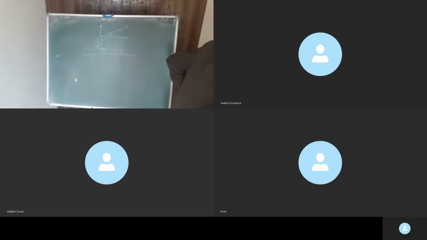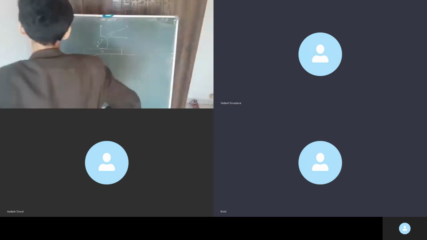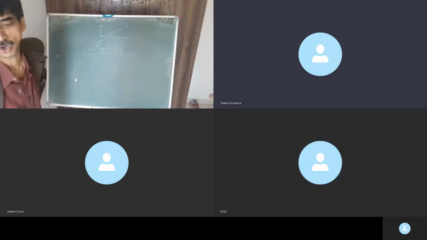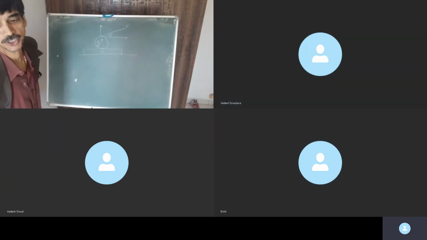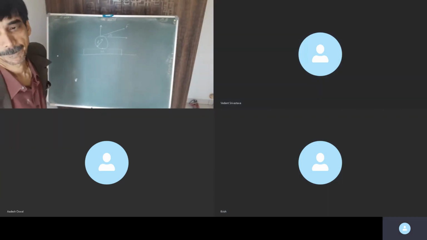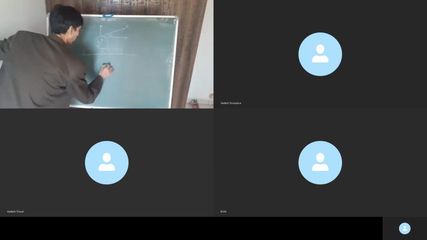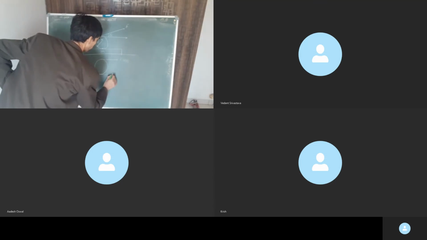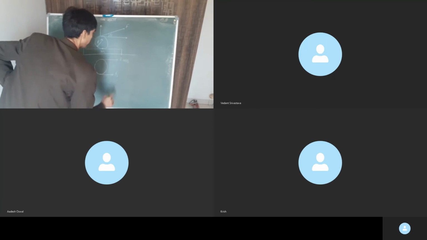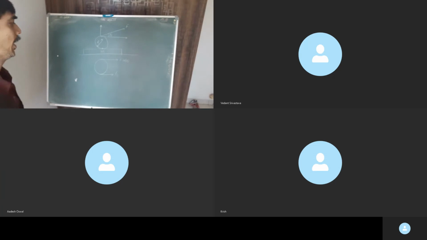Forward direction. So it will act in the forward direction, and that is what I'm marking here. This is F cos theta, and this is the force of friction, Fs.